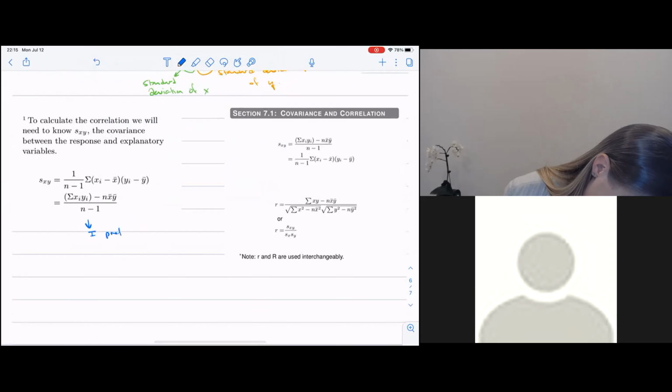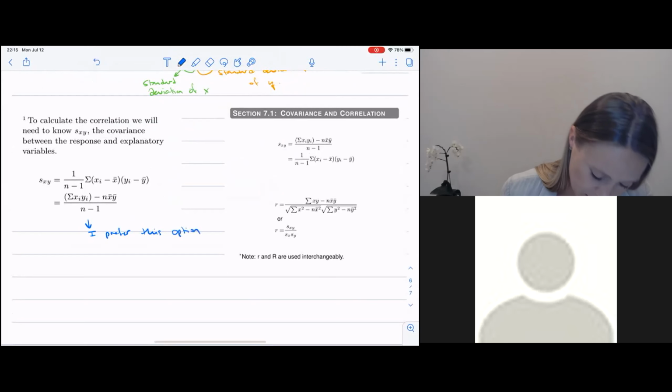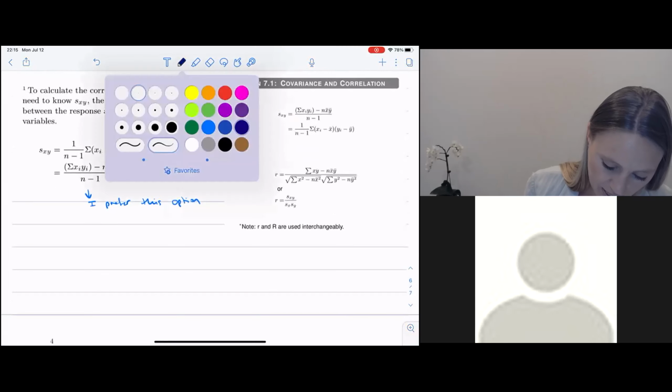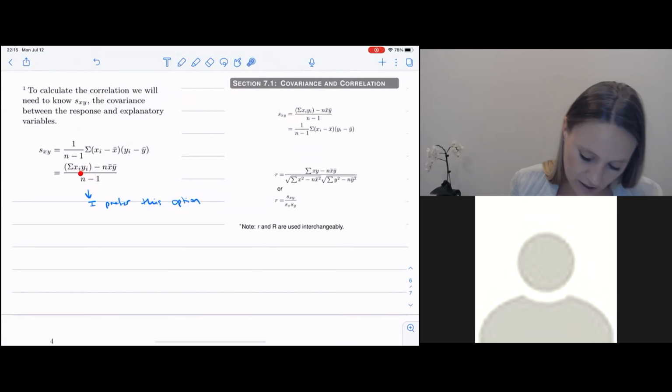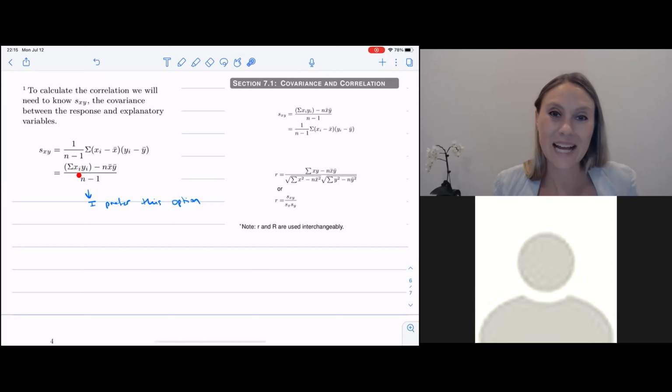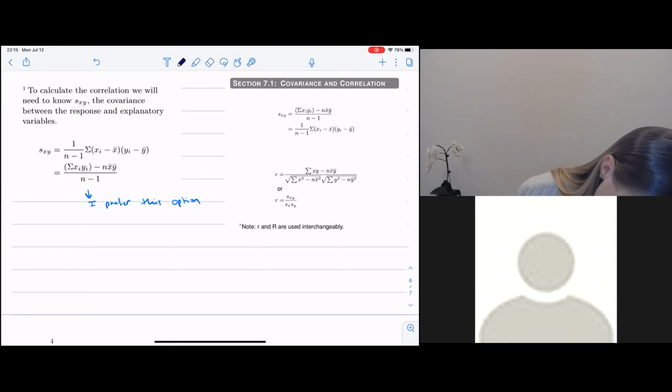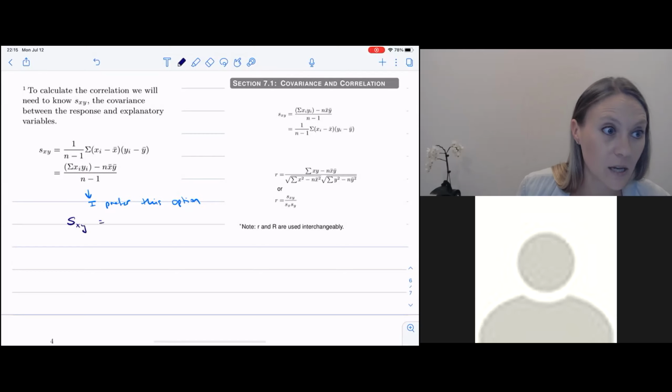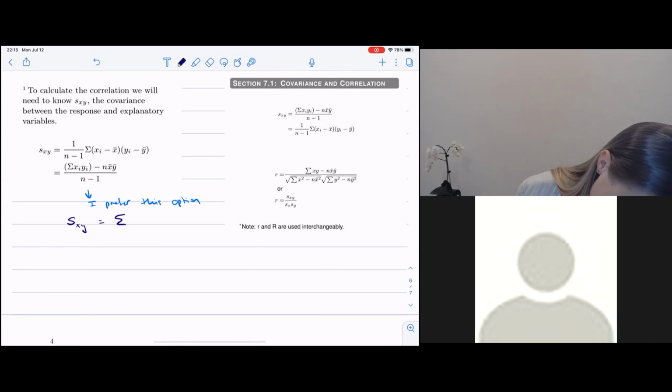I prefer this option, okay, which I realize now I've got some subscripts on here, the xi, you can just ignore that i, it's just for the ith observation.